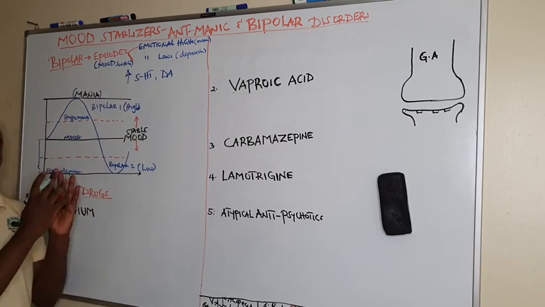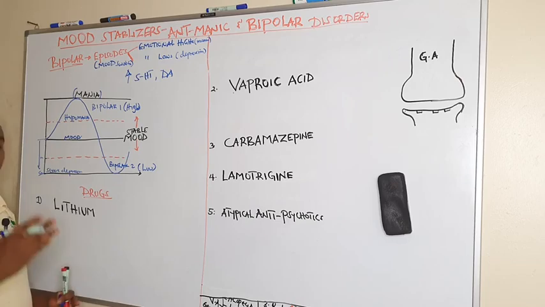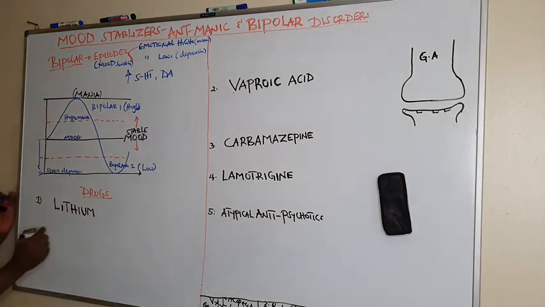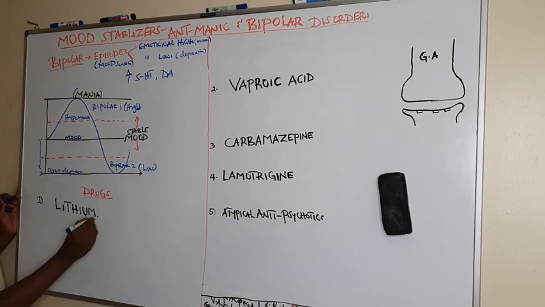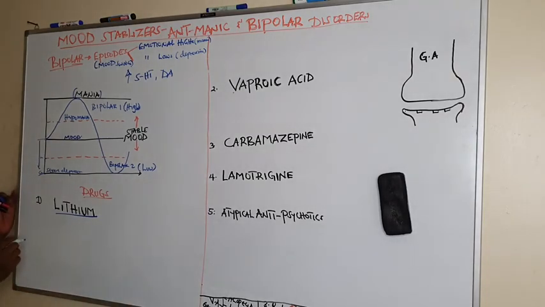After seeing how these mood swings, that is bipolar disorders, come about, now we can look at the drugs used to treat these disorders. The first-line drug used currently is lithium, or lithium carbonate.